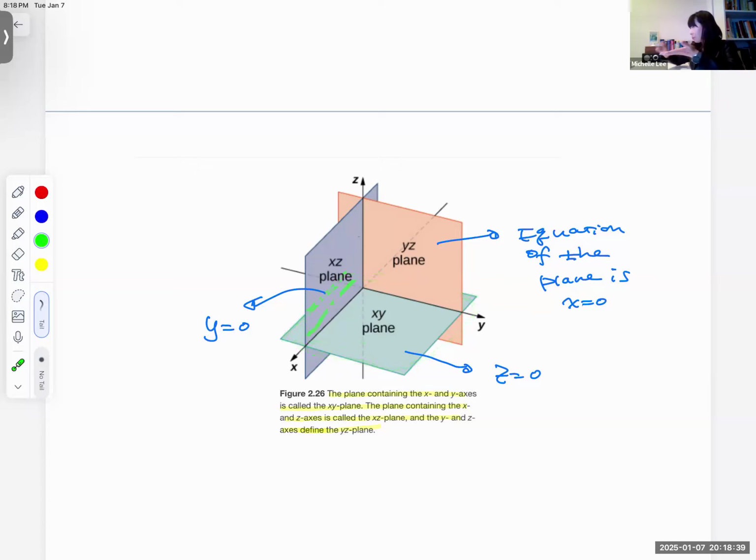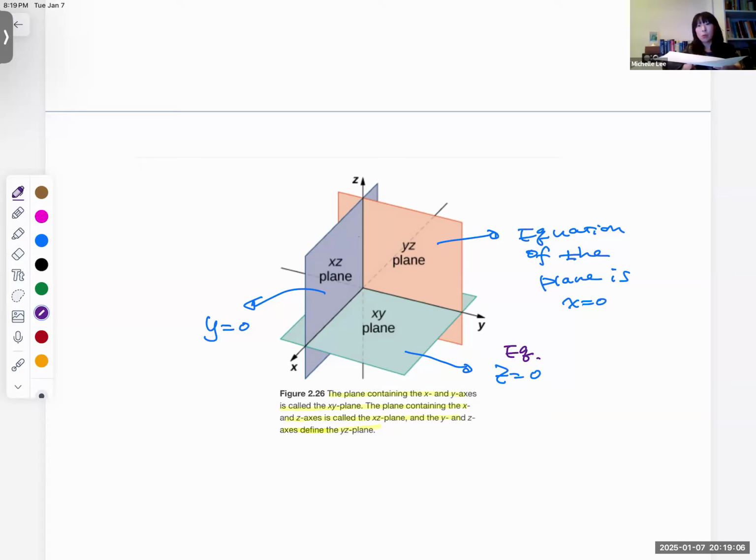Yeah, like this. Yeah, this is the XY plane. So in the XY plane, this is the equation: z equal to 0.